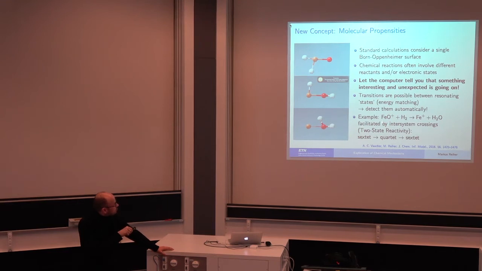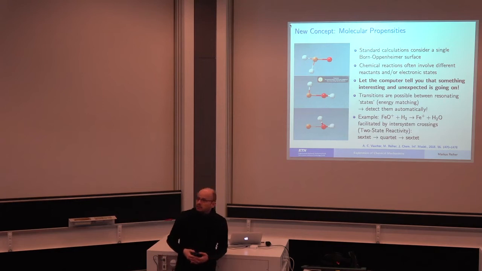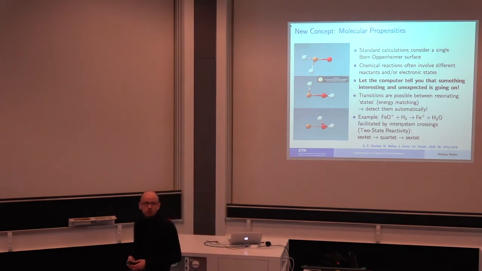It's shown for a prototypical system which has been studied experimentally in the mass spectrometer some 15 years ago. It's an iron oxide cation, which reacts with molecular dihydrogen to produce the iron cation and water. The problem is that when this was measured, it was difficult to explain kinetically what was going on.